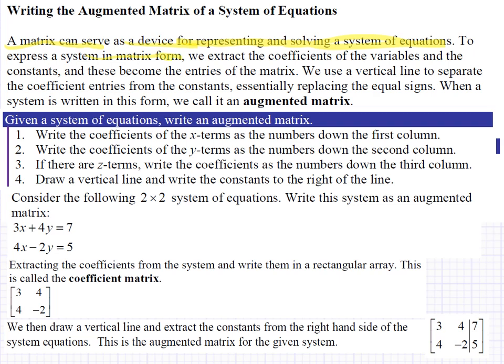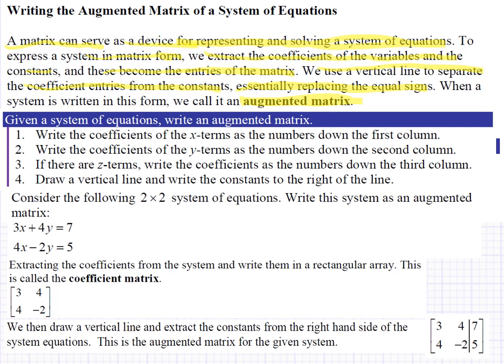We extract the coefficients of the variables and constants, and we'll use those as entries in the matrix. We'll use a vertical line to separate the coefficient entries, so the left-hand side, from the constants on the right-hand side, essentially replacing the equal sign with a vertical line. When the system is written in this form, we'll call that the augmented matrix. If this seems confusing to you, it will not be within a few minutes.